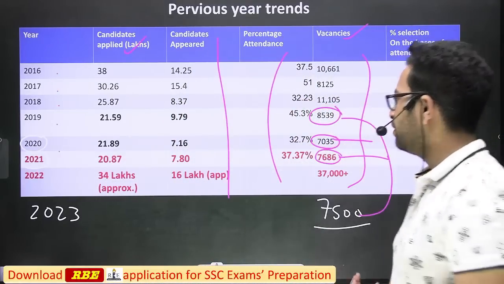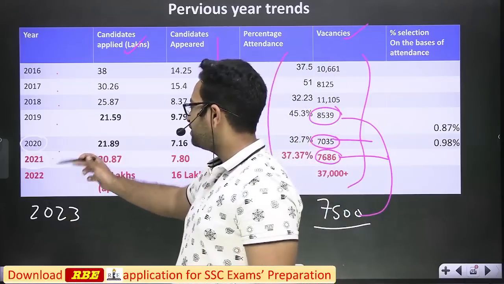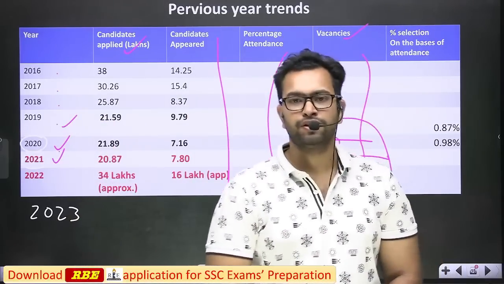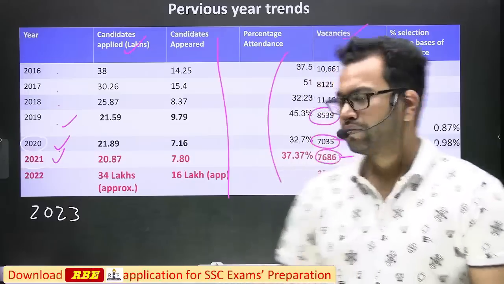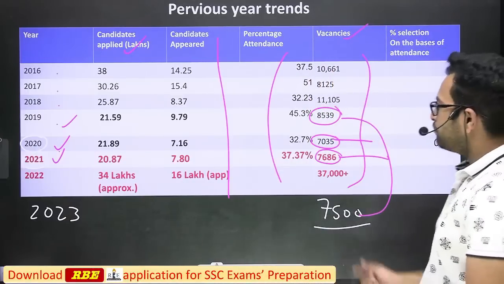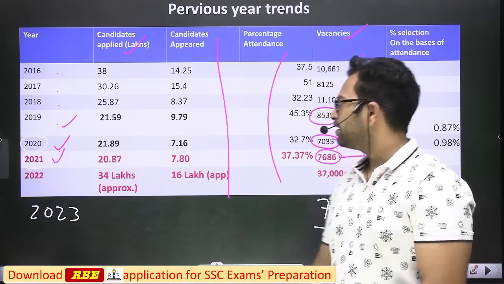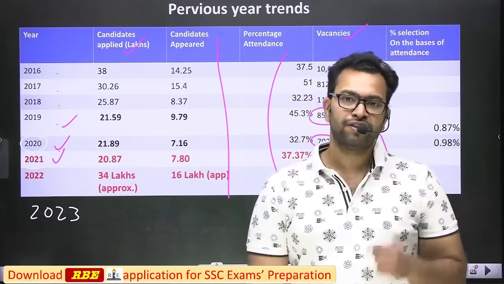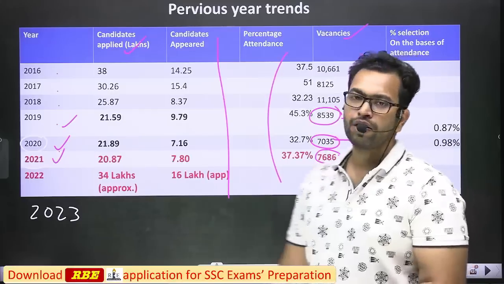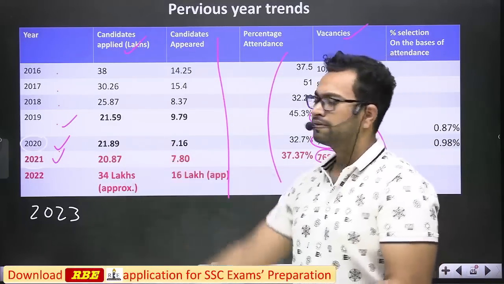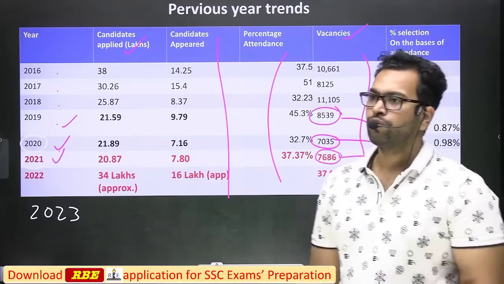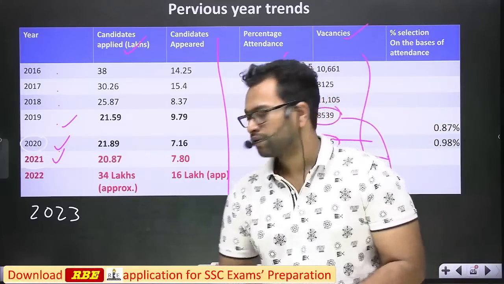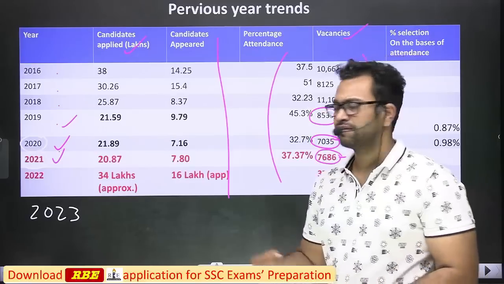Better we go for these examinations' cutoff to decide how much we need to score in the tier 1 examination. Tier 2 exam pattern was different at that moment in 2019, 2020 and 2021. So I'm not saying for tier 2, but for tier 1 you have to look at those papers and their cutoff to know whether you will be able to qualify or not. Okay, I will be discussing all these things soon.